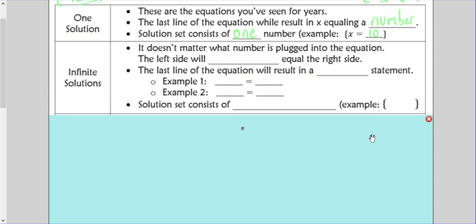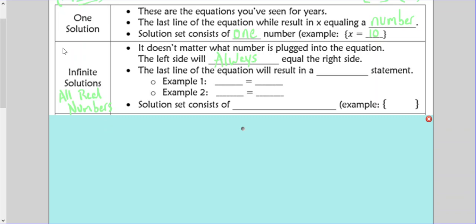Infinite solutions, or all real numbers. It doesn't actually matter what you plug in. It literally means that no matter what real number you plug into the equation, the left side will always equal the right side.